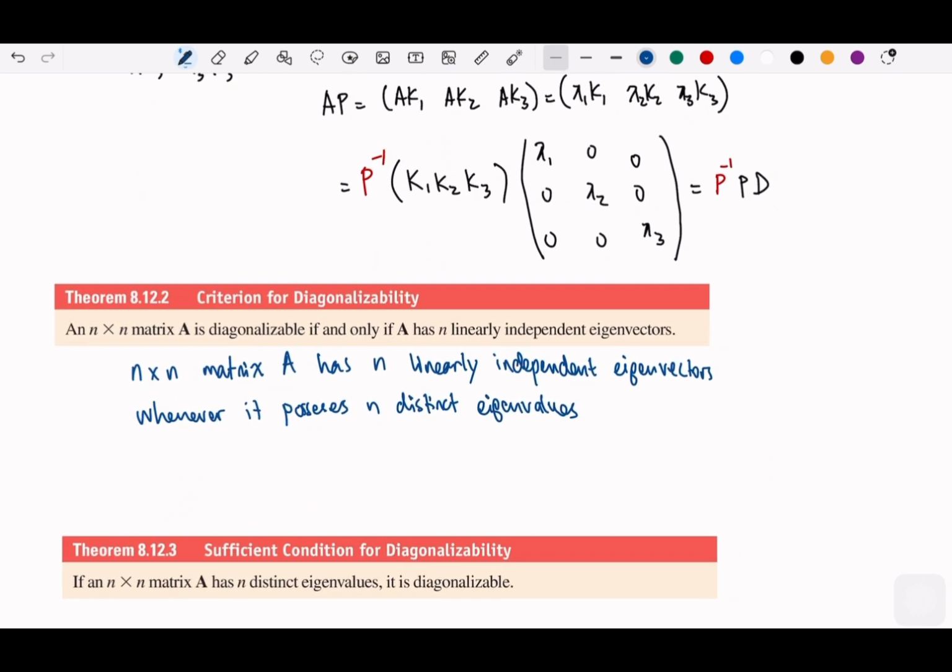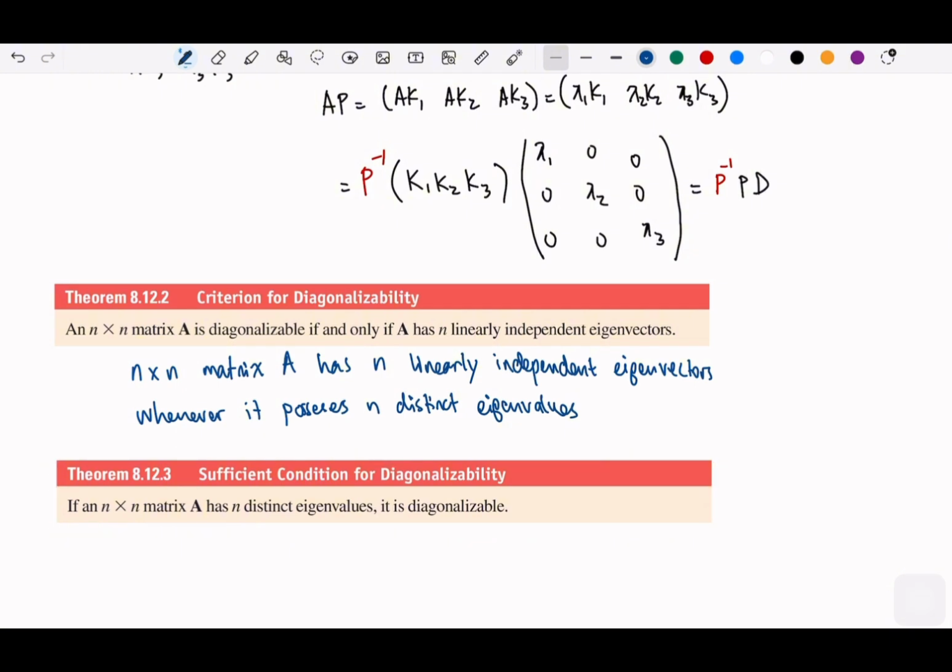Then it connects to the next part of the theorem, which basically says that if we have an n by n matrix with n distinct eigenvalues, it should be diagonalizable. So this will be your clue. You see the matrix first. If it is 2 by 2 and has 2 distinct eigenvalues, you can directly say it's diagonalizable. So you can find the eigenvectors, rearrange the P, find the P inverse, and multiply P inverse with A with P, and you get your diagonal matrix.